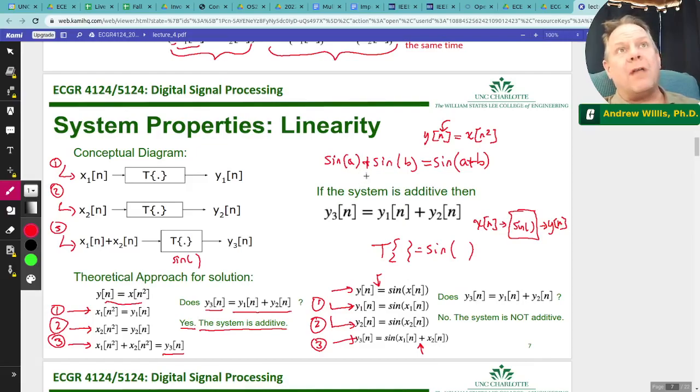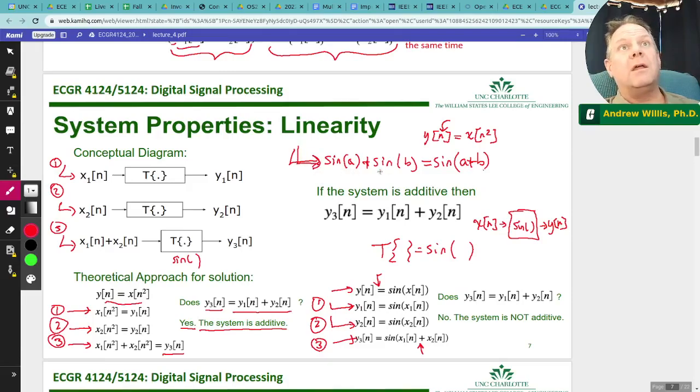So to simplify the thought process, I'm just going to write down the actual question at hand here, which is this. Is this relationship true for all values of a and b? Repeat the question again. Is this relationship here true for all values of a and b?